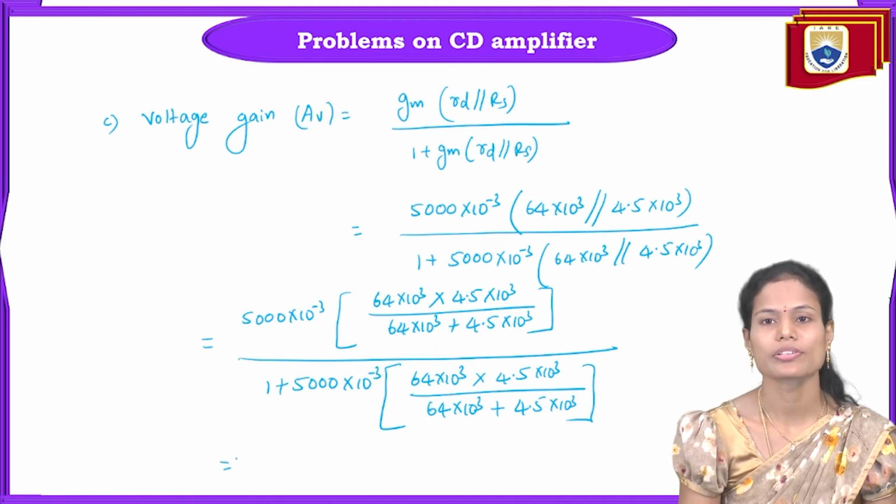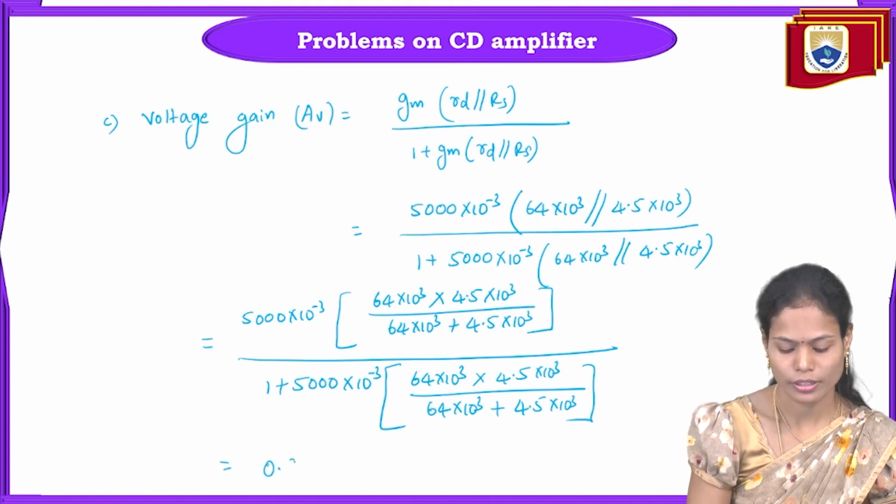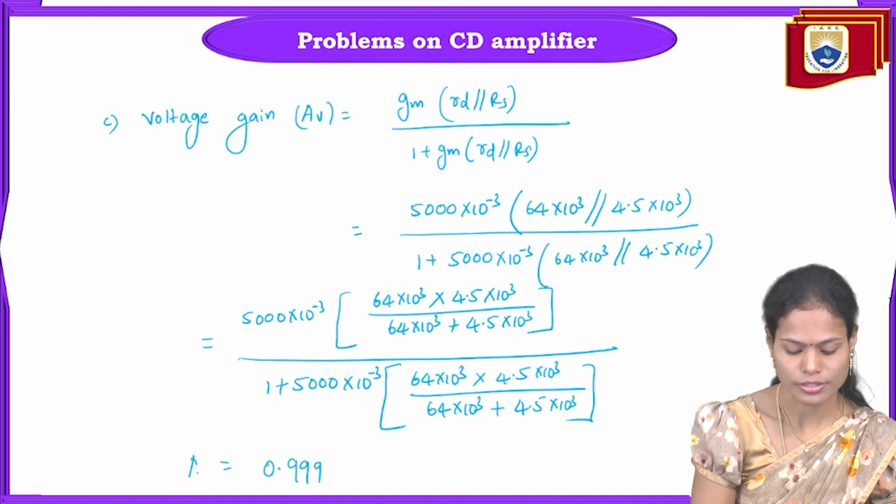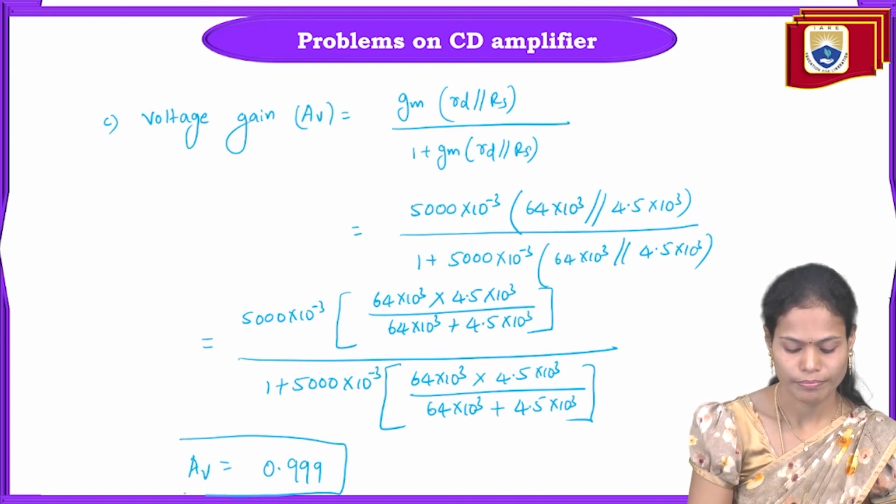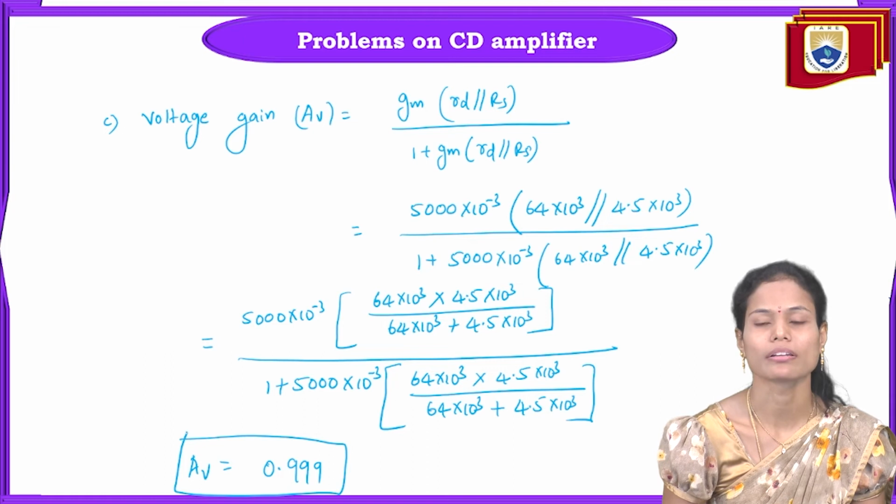After simplification, we get 0.999 as the voltage gain of the given common drain amplifier.